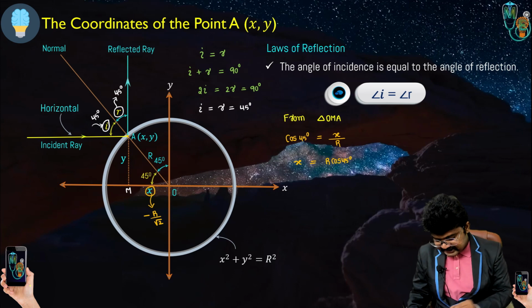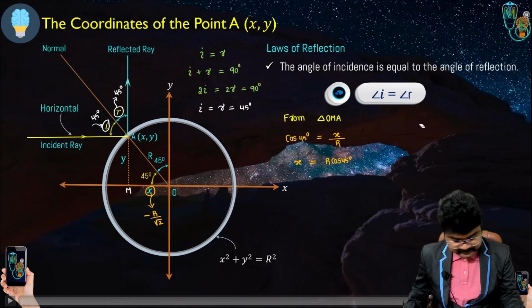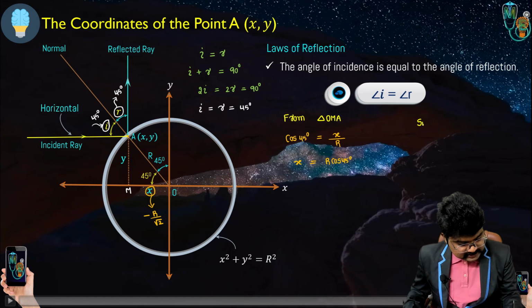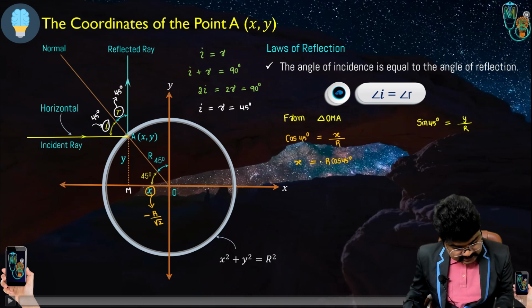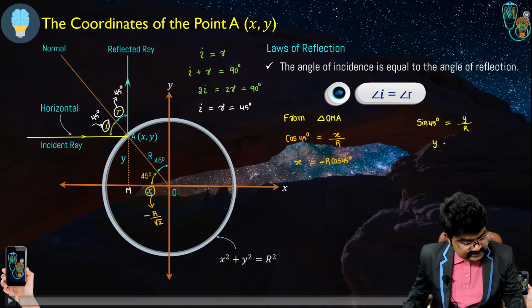Here, what is sin 45? Sin 45 equals y by R. Here y equals R sin 45 degrees.